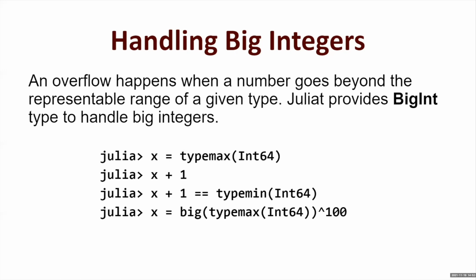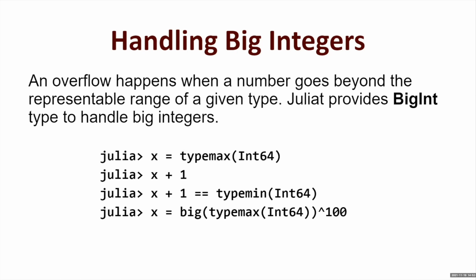It's like a circle. Actually x plus 1 is equal to the minimum value this type can support. It's kind of going back, because it's already going out of the bound of this type. Everything we are doing in the second and third line here is just the definition of how they define the maximum and how you treat it if you go beyond the maximum. That's what the system is using. Whenever you go beyond the maximum value of the supported data type, it will go back to the minimum. It's going around in a circle.